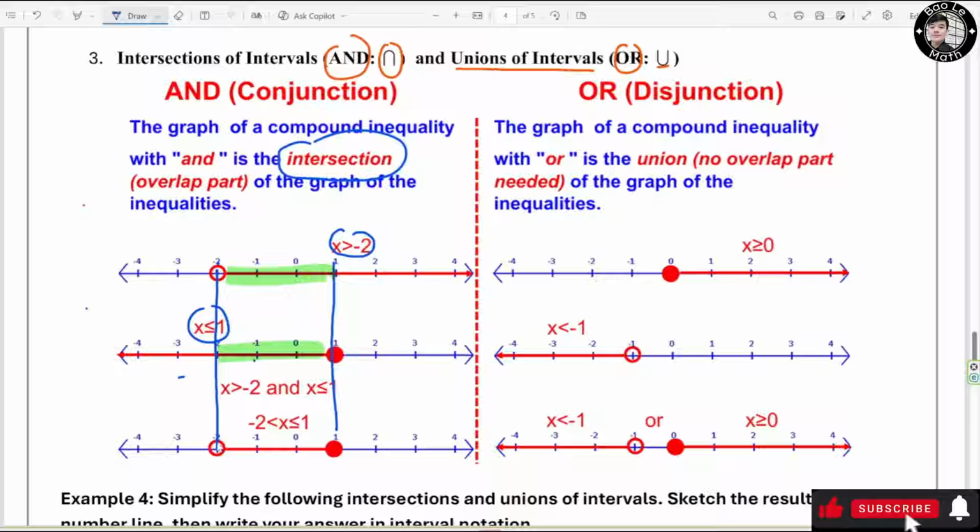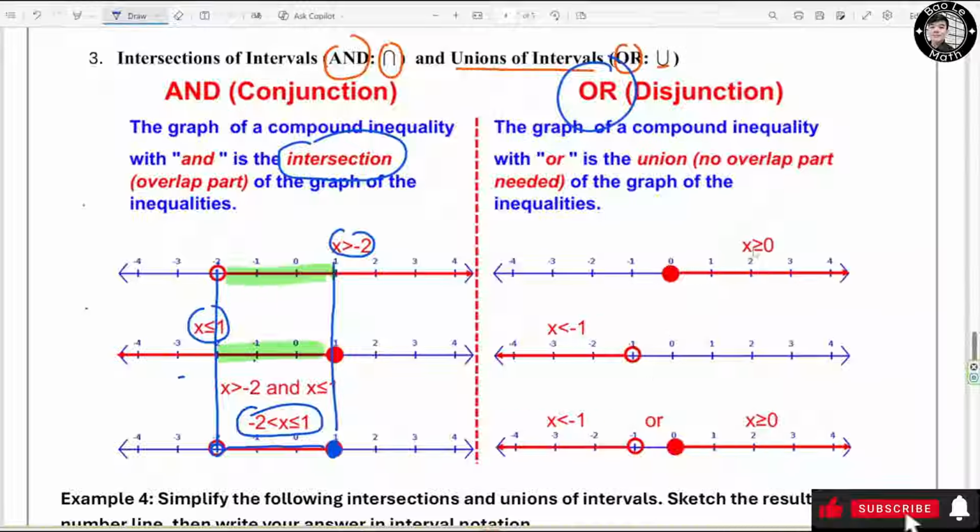So right here you need to put the open circle so that it satisfies both. Similarly, 1 belongs to the second one, and 1 belongs to the first one. Then you need to put the closed circle right here so that it satisfies both. So your intersection should be this part right here, from negative 2 to 1.